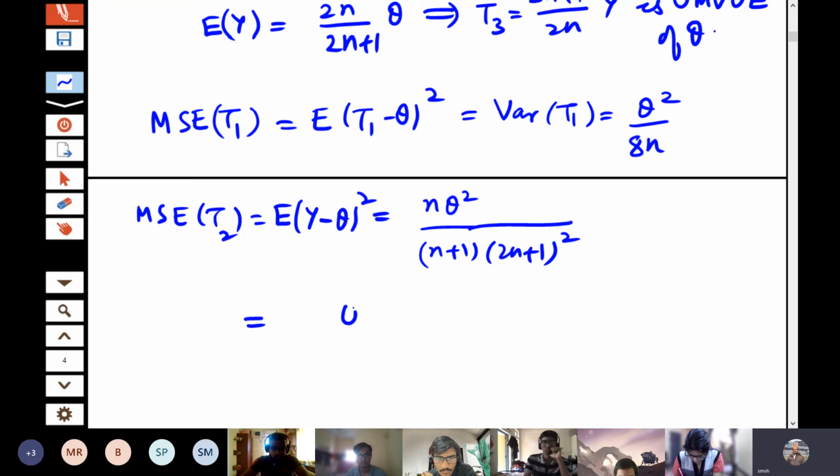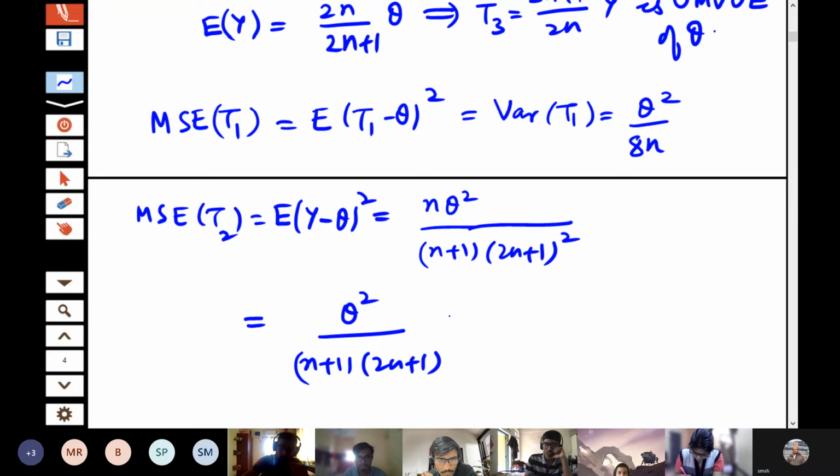So it is theta square by (n plus 1) into (2n plus 1). So can anybody check it? The expression which you told is not accurate. There is some difference coming here.